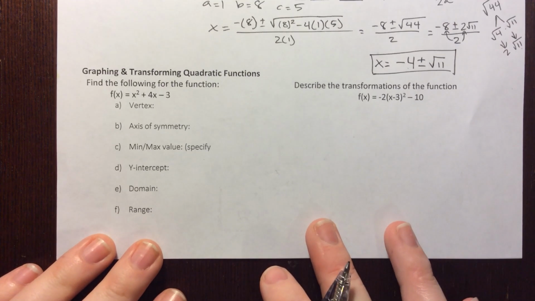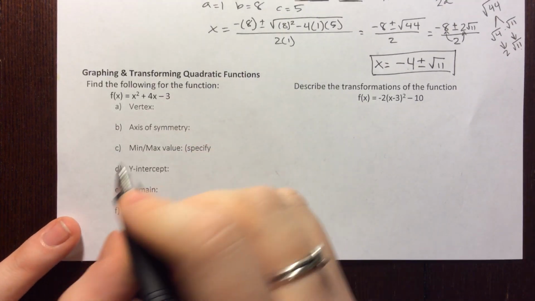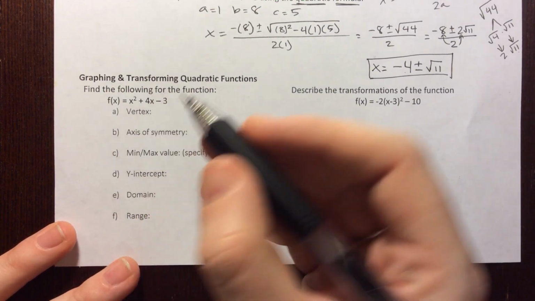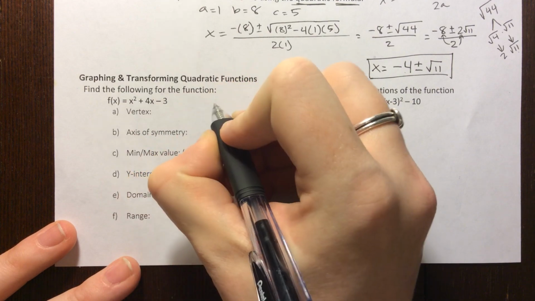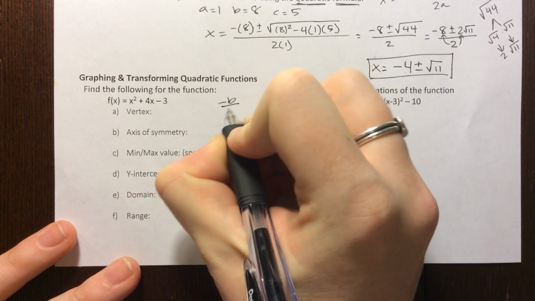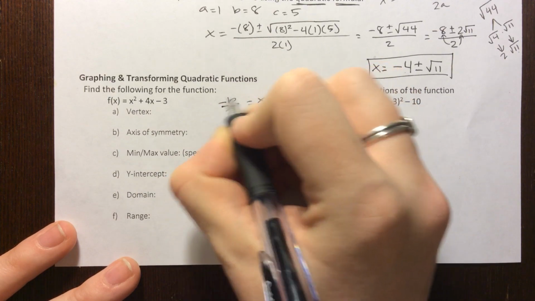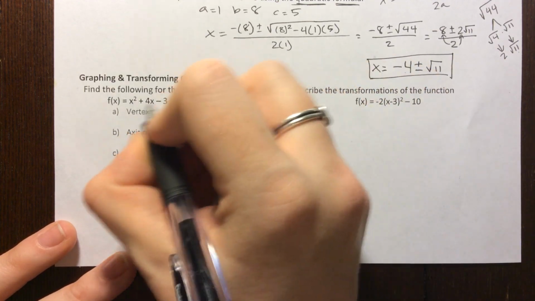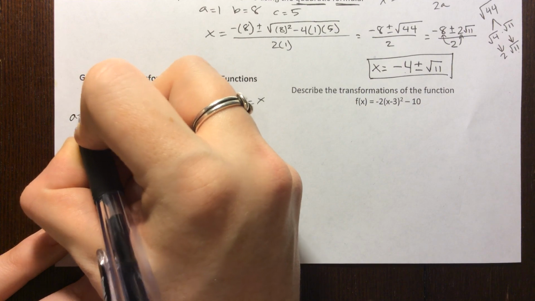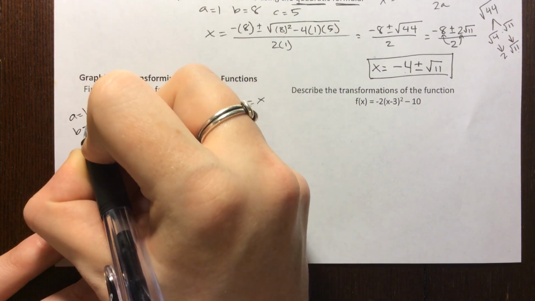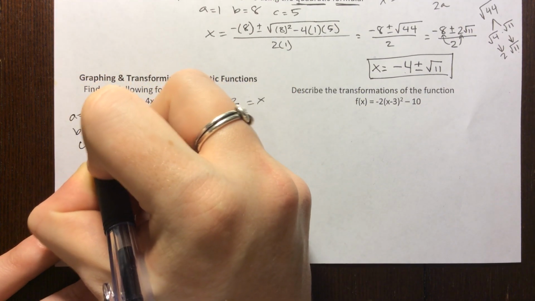This last one here, finding the vertex. Remember that the x value of the vertex is the same as negative b over 2a. That's also the axis of symmetry. X equals that number. Our a value is 1, our b value is 4, and our c value is negative 3.